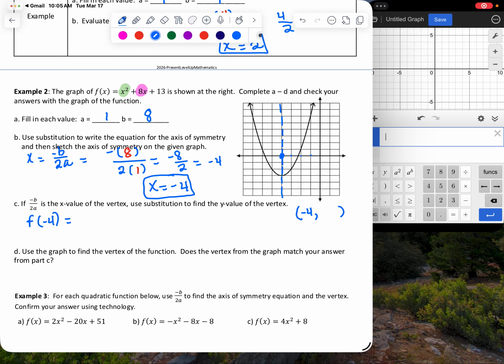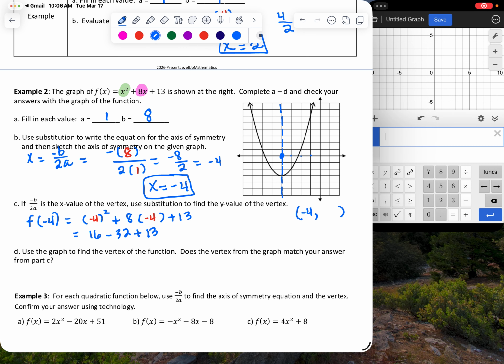I'm going to write down the function, replace all the x's with parentheses, and then plug in negative 4. Negative 4 squared is negative 4 times negative 4, which is positive 16. 8 times negative 4 is negative 32, and then plus 13.